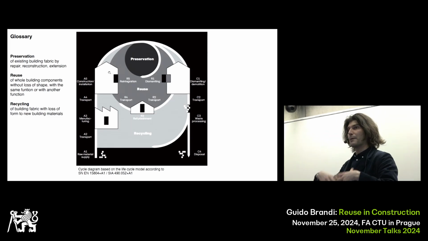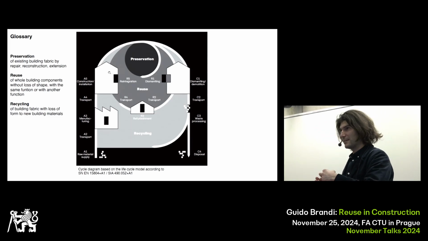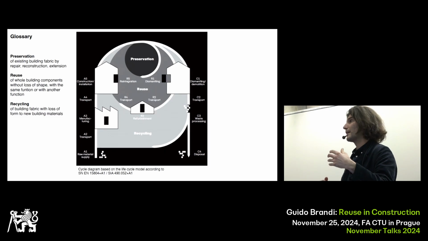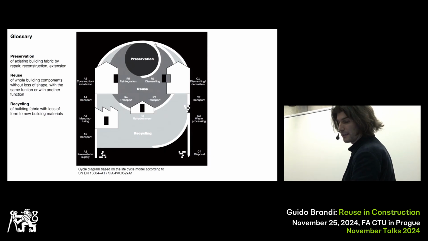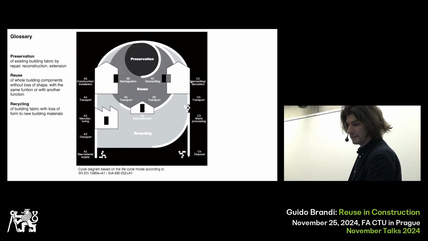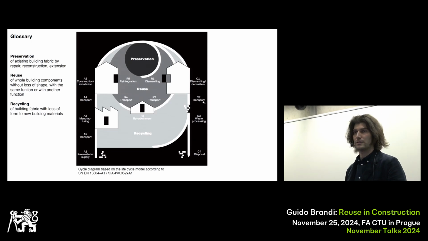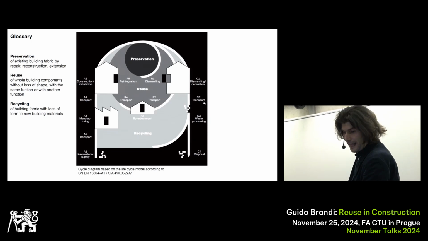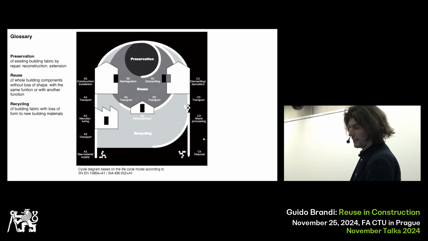Then there is a building, an existing building having its own life cycle, and then somewhere in the future it is going to be demolished, dismantled, and the elements are brought to waste processing and then disposal.